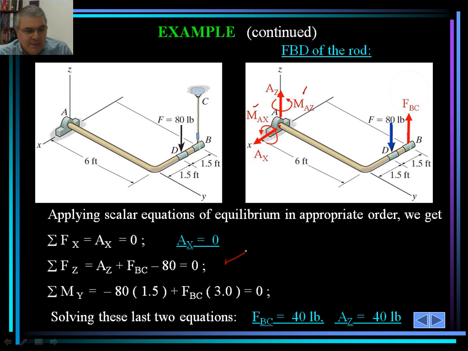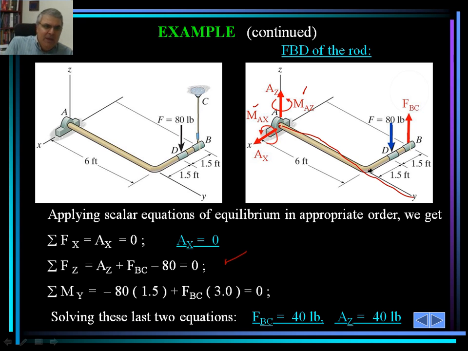Then summation of moment about y. We set that to 0. About y is given here. Obviously, the M sub A sub z, this is the y-axis. So we're taking the moment about the axis. In 2D, we take the moment about a point, but here we would routinely use moment about an axis.